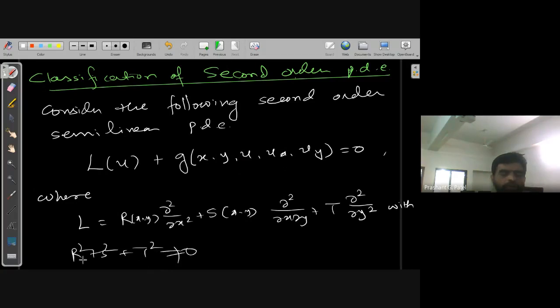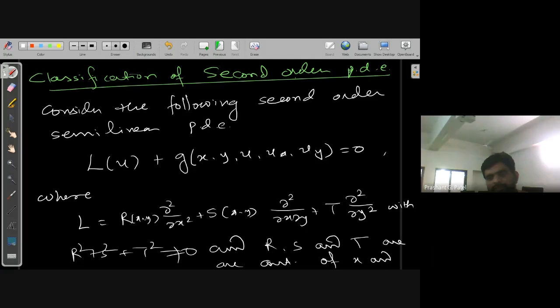That means all these three r, s and t are not simultaneously 0. And these r, s and t are continuous functions of x and y.